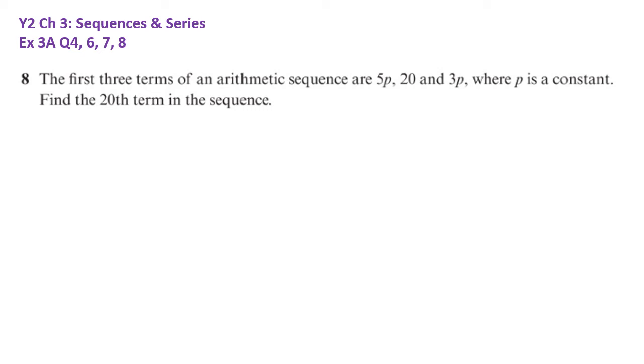Okay, in question 8, there's a couple of things I could do with the information here. First thing, I could write each of these first, second and third term in terms of A plus n minus 1 d. And I get these three equations, and I could work with trying to solve these in some way. Equally, I could recognise that if I did 20 minus 5p, that must be my common difference.